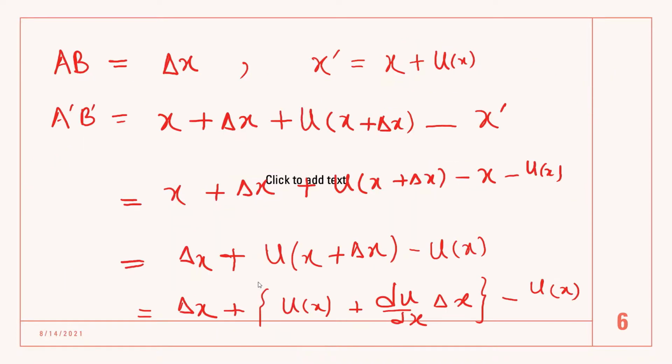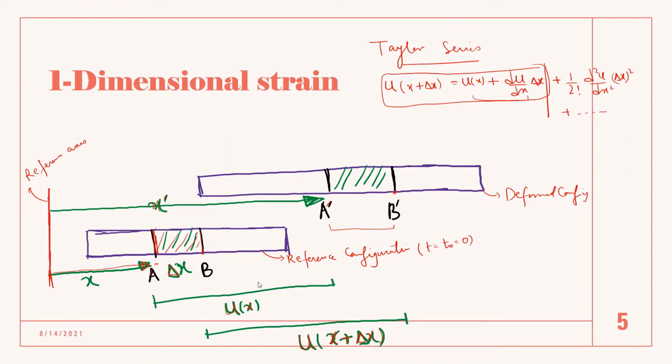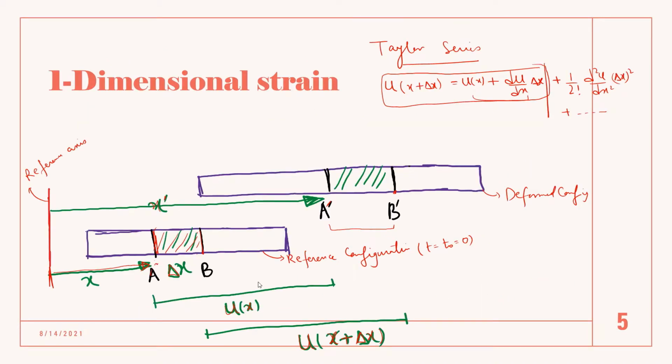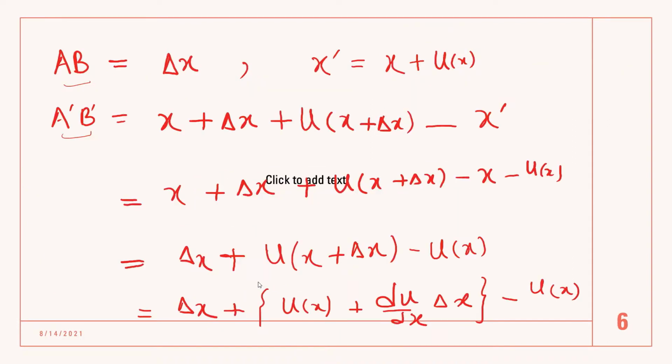We know that this AB part is the delta x, and we have to find the A prime B prime first, and then we will find the strain. Now A prime B prime is, from the reference axis, the displacement x plus delta x plus u of x plus delta x minus x prime.